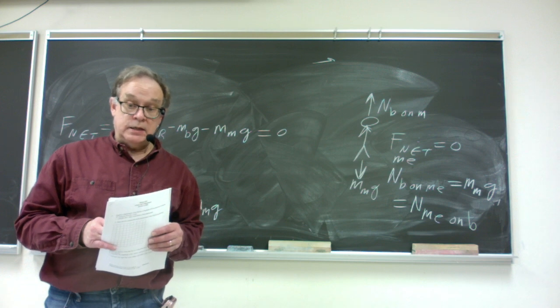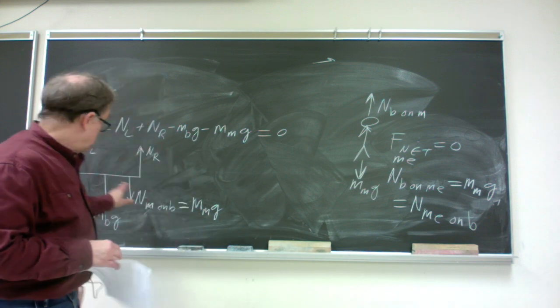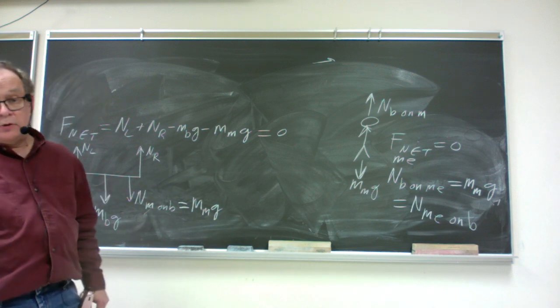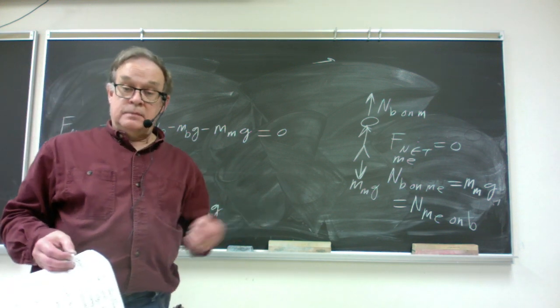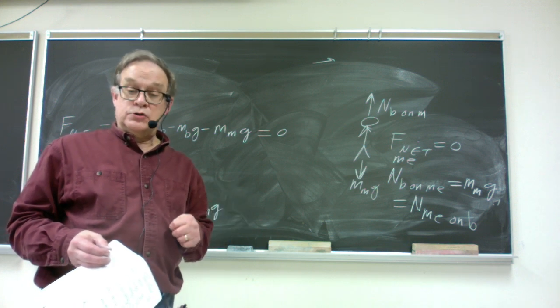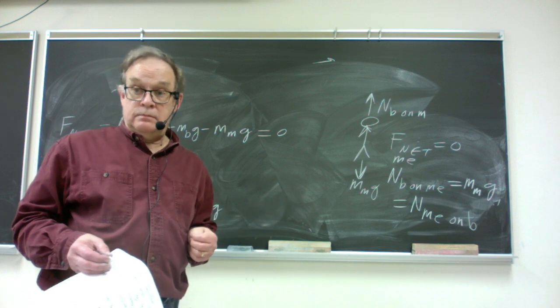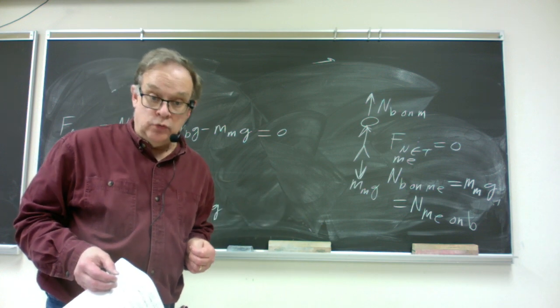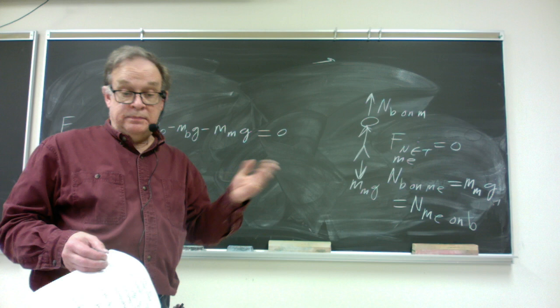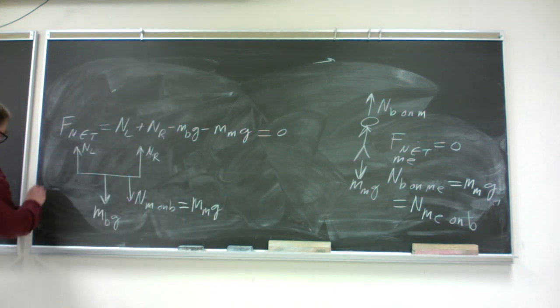I can make it easy on myself by choosing the reference point either at one end or the other, because again, that'll put one force right at the reference point, so that force will produce 0 torque, so that unknown force will not appear in the torque equation. It'll make the algebra easier. So let's say I put the reference point right here at the left.